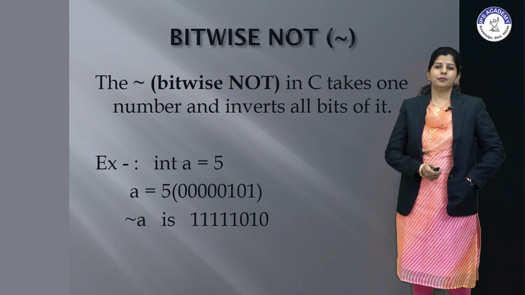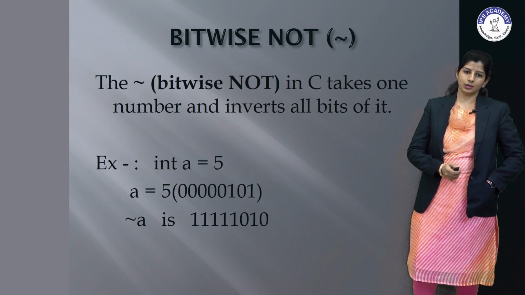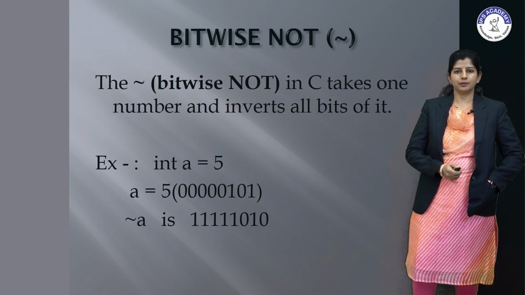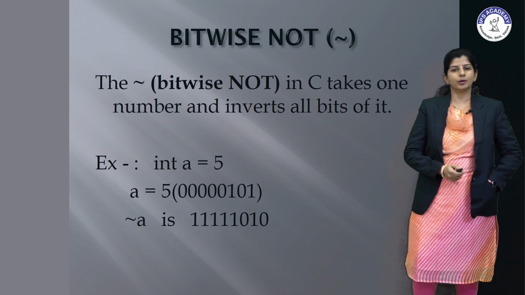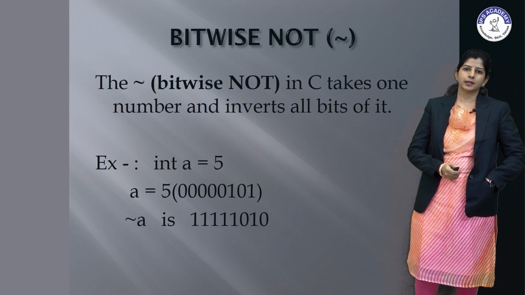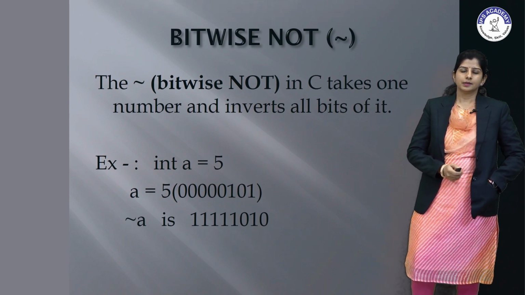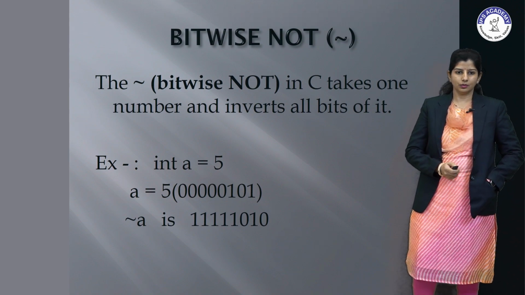How? If I have a variable, int a equal to 5, I have to write the value of 5 in the form of bits because I am performing all the operations on bits. So the binary number of 5 is again 0 0 0 0 0 1 0 1.